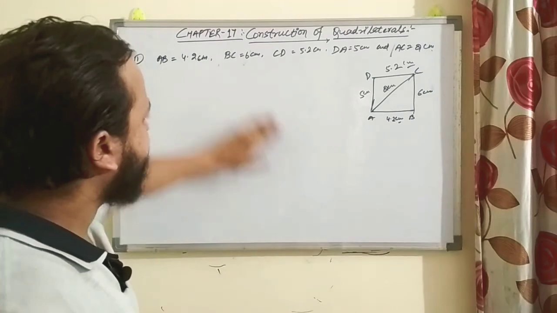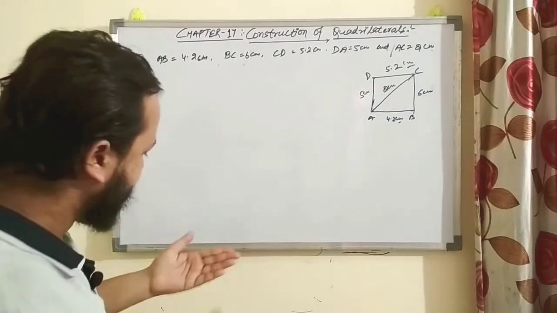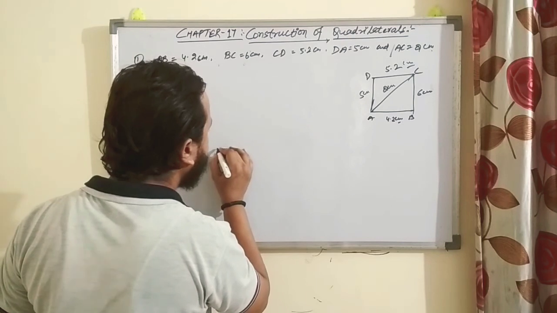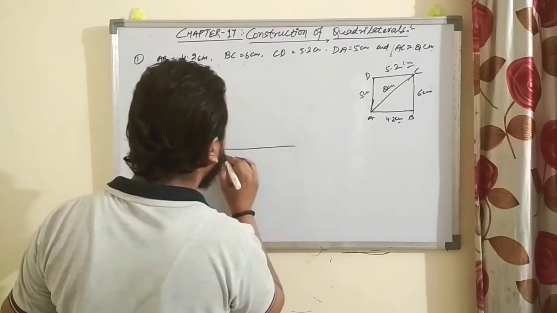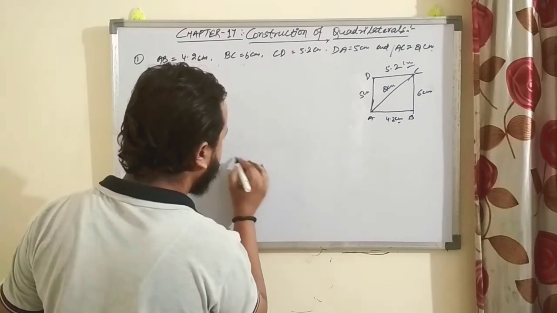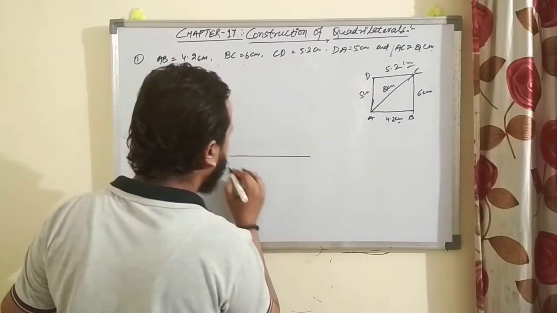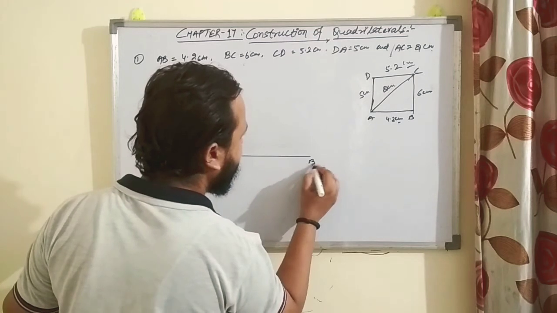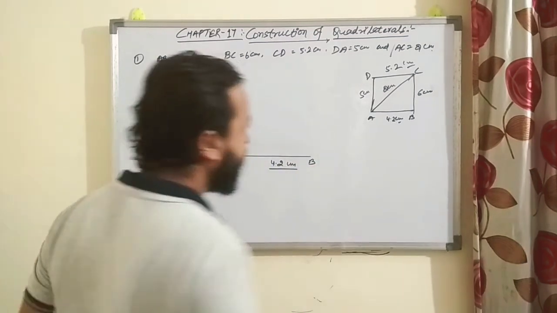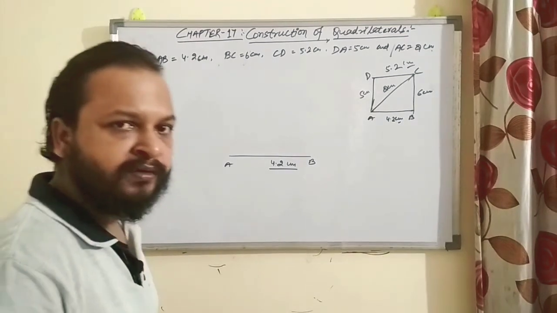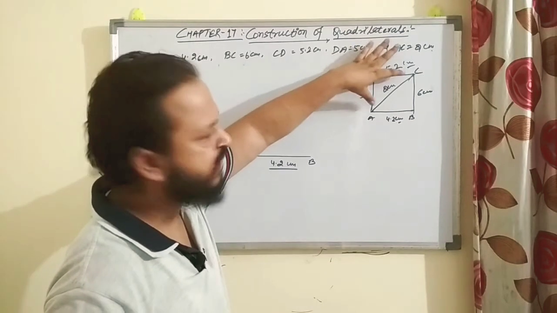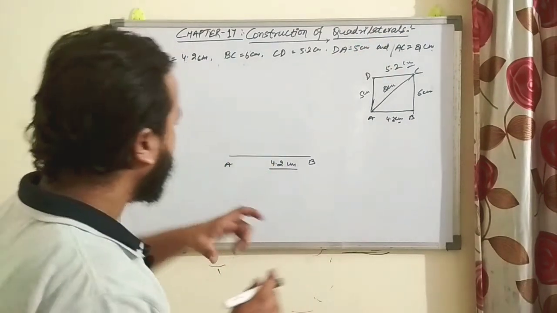For the construction of the actual diagram, by the use of the scale, just draw a line. Suppose this line is AB, which is 4.2 centimeter long. Now take the compass and measure the length 8 centimeter on the scale.